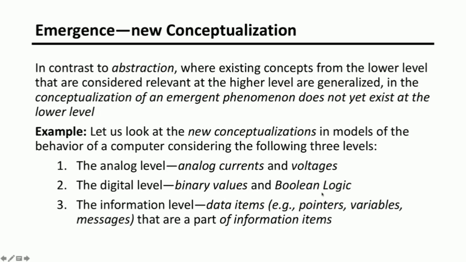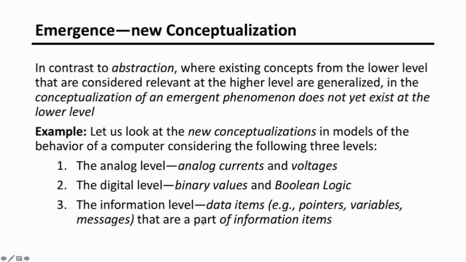All of a sudden we have abstracted out of these complicated interactions at the analog level and introduced something new, Boolean logic, which doesn't have to do anything with analog circuitry. But we have a completely new way of reasoning about the behavior by just combining true and false signals in Boolean arithmetic. This is the digital level.